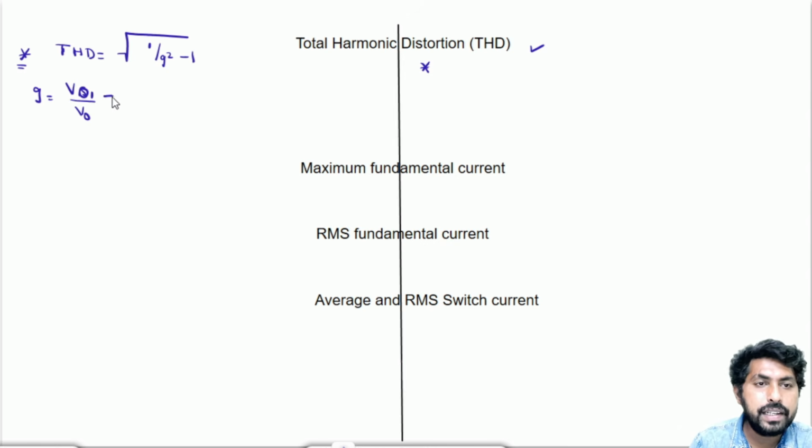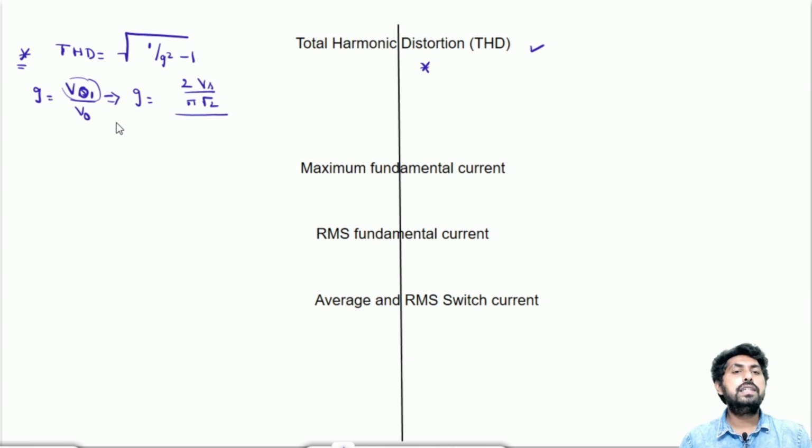Now let me find the G value from this. We know that V naught 1 equals 2 Vs by pi divided by root 2, divided by V naught RMS, which for the square waveform will be Vs by 2.